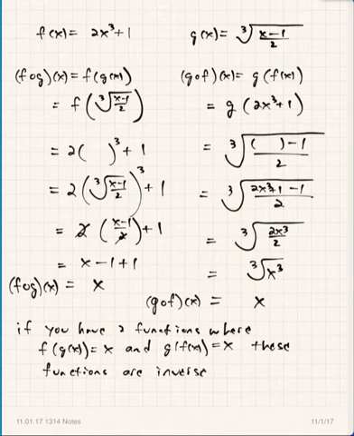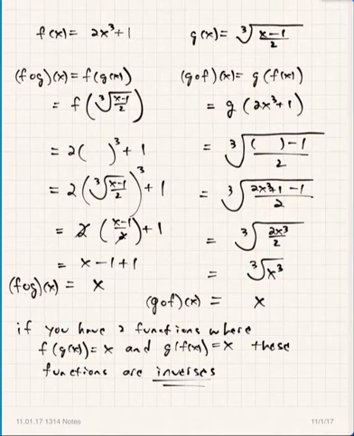And so I did want to talk a little bit about inverses here and quickly review these. So these two functions right here, f and g, that I just gave you, 2x cubed plus 1 and the cube root of (x minus 1) over 2, are functions that happen to be inverses of each other.